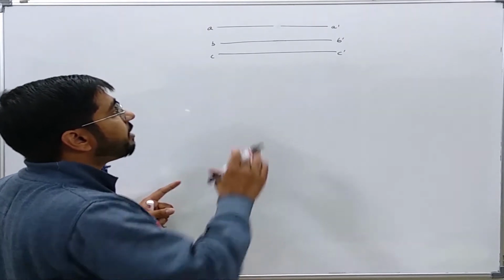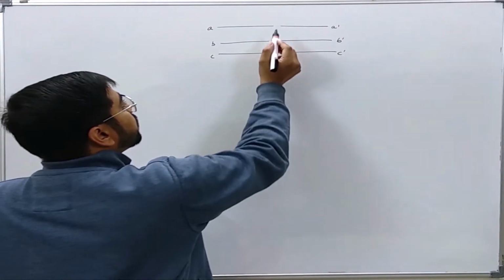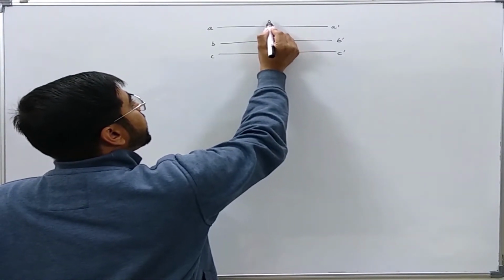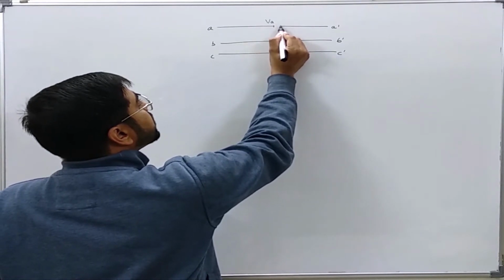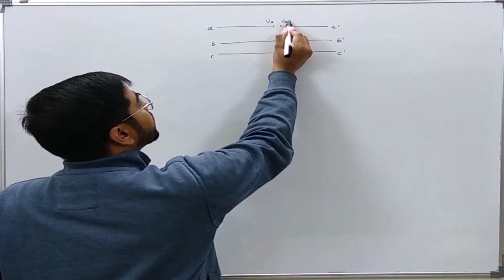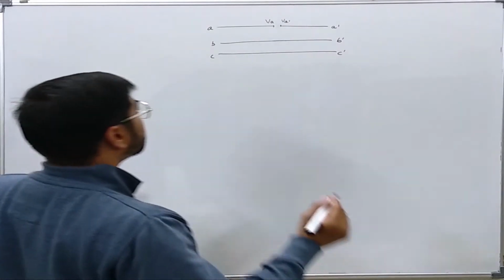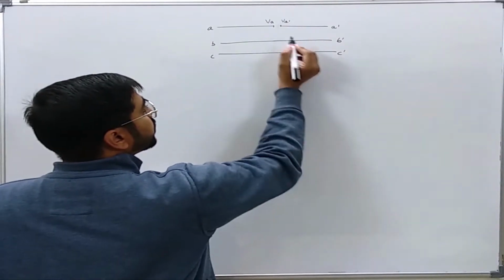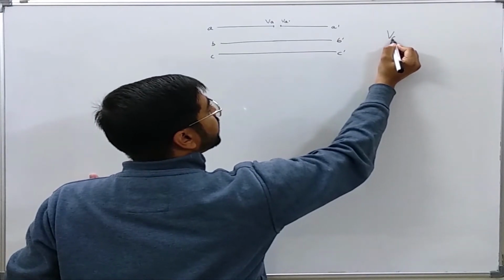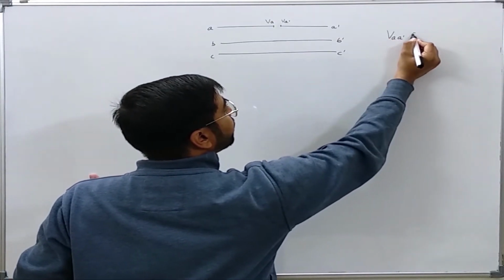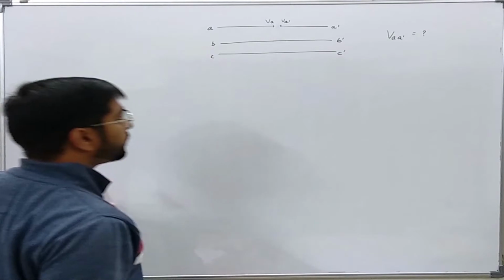Now let us try to analyze this situation. The voltage at this point is VA and at this point is VA dash, with respect to ground. So we can see that VAA dash, we don't know what it is.